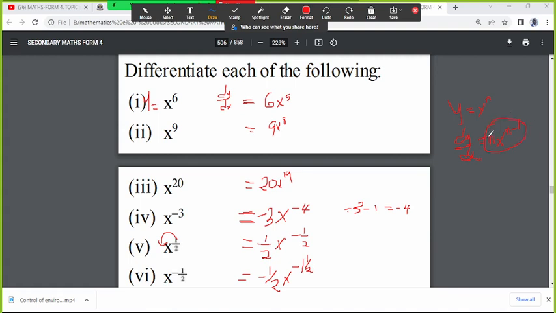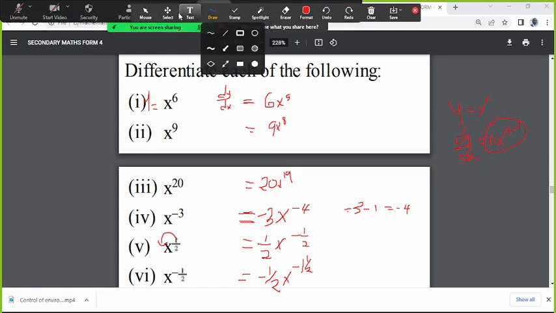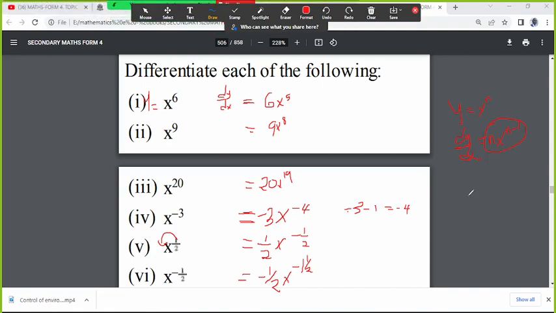Multiply by the power, decrease the power by 1. Okay, anybody has a question here? No question. Now let's go to another level.